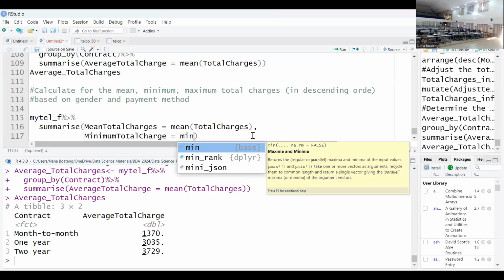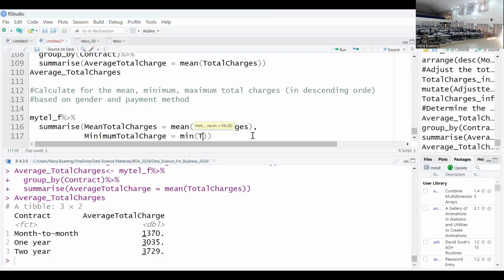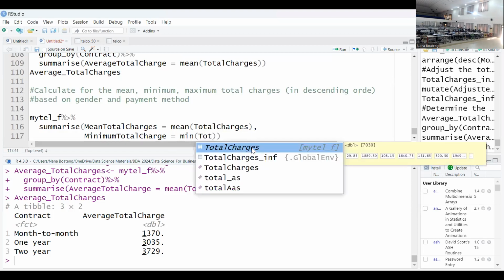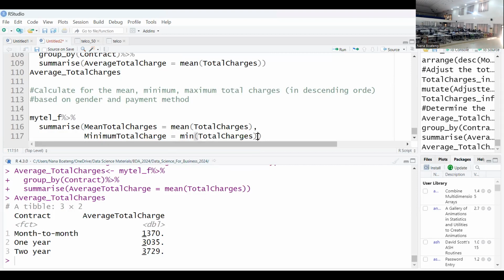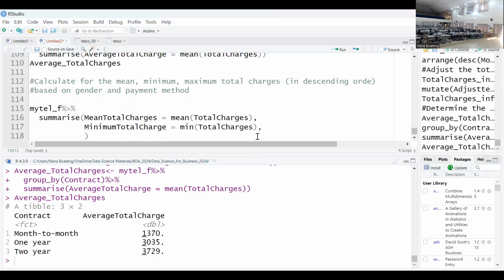We apply it on the total charges. And then we also want the maximum total charge. It's equal to max of total charge.